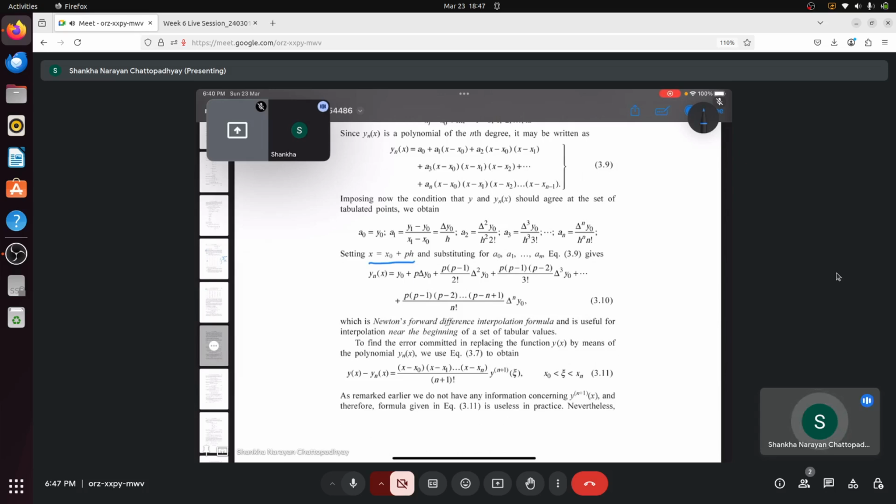Now what will be Newton's forward interpolation formula? The nth degree polynomial y(x) will be y0 plus p delta y0, where x is actually x0 plus ph.